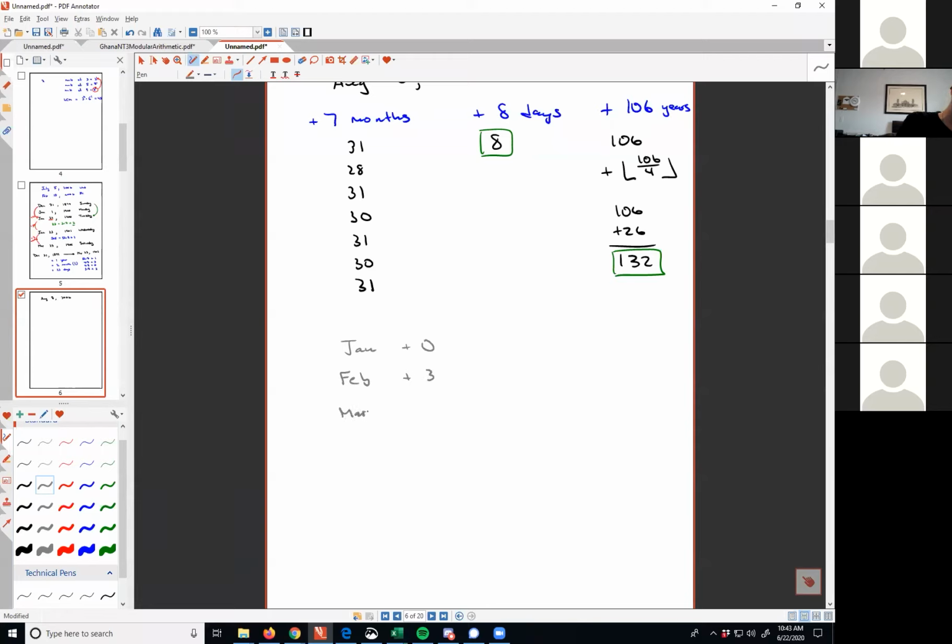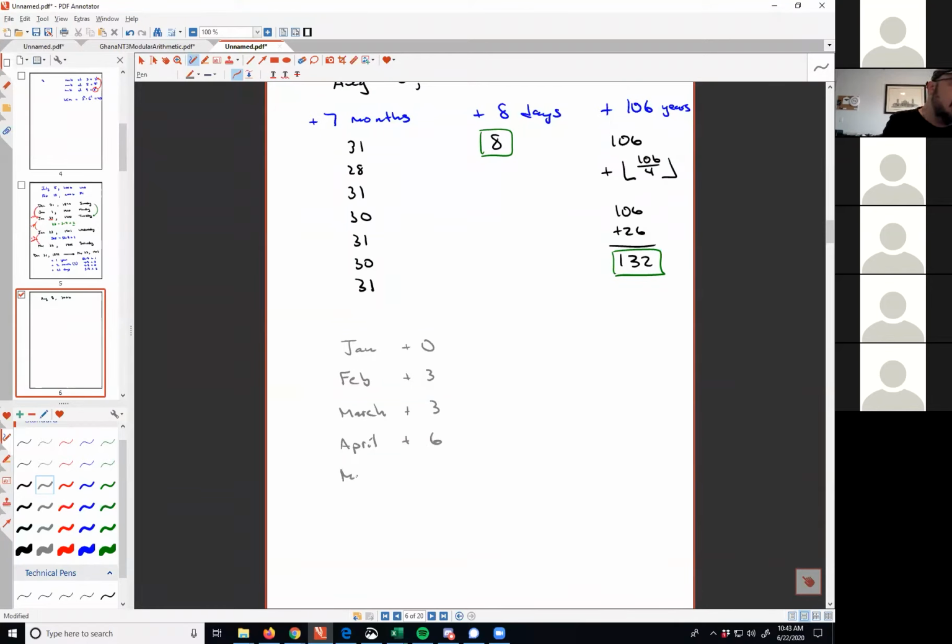If we're in March, we've had 31 plus 28 days, which has a remainder of what? 3. Good. And then April, we've had 31, 28, and 31. So how many extra? Yeah, 6. 6 extra days beyond a multiple of 7.